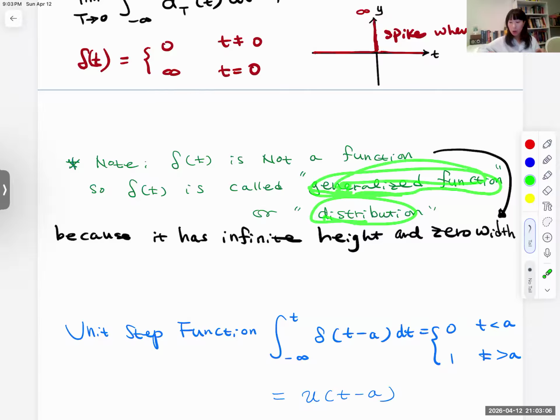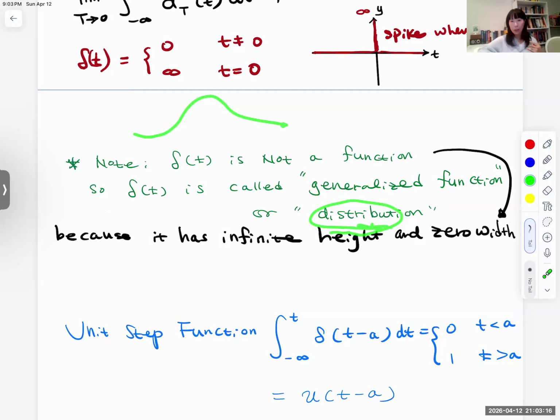Generalized function or distribution. In statistics, there's the normal distribution, a graph with a bell shape, and there is a t distribution too. So the Dirac delta function is also a distribution, or generalized function.